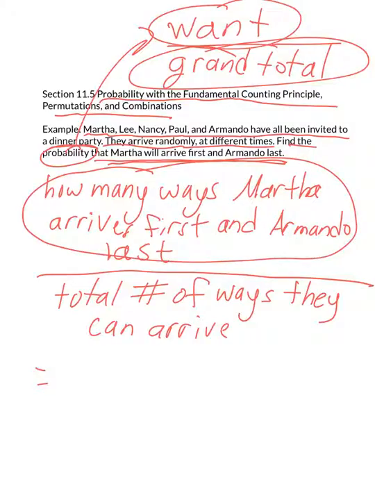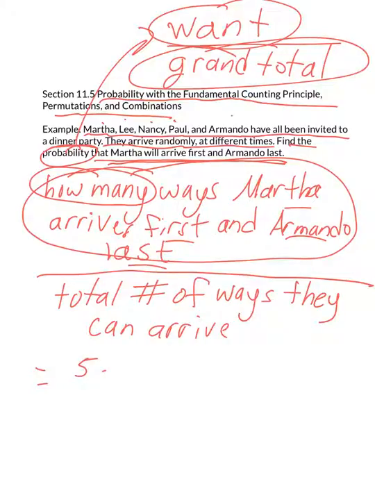When we began chapter 11 and we talked about counting, it is counting because it says how many. If Martha has to come first and Armando last, well, those are restrictions. There were 5 different people we're talking about that were invited to this party: Martha, Lee, Nancy, Paul, and Armando. So we would have taken the 5 people minus the restrictions.